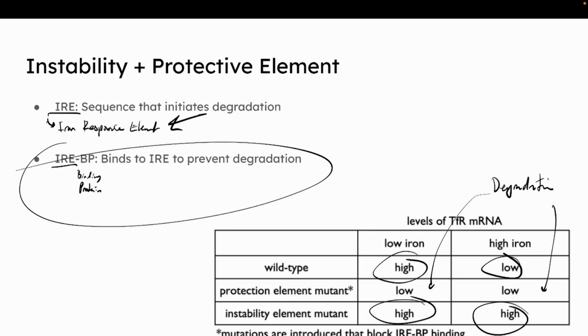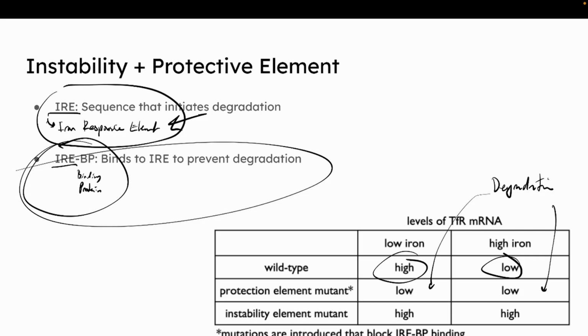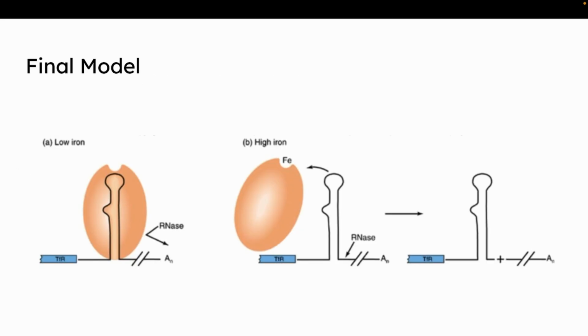This is constitutively expressed, meaning that it's not being degraded. So you can't just mutate it around. This suggests that both are very specific. You need this IREBP, and you also need a functional sequence for degradation to occur. So this was very key.